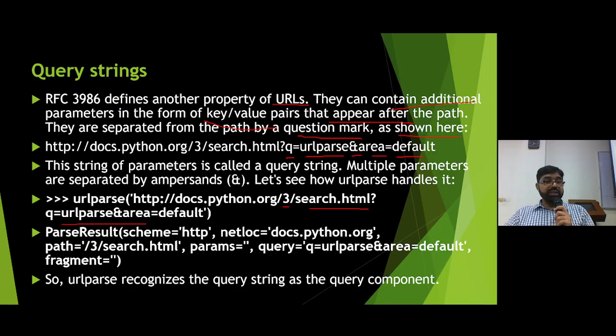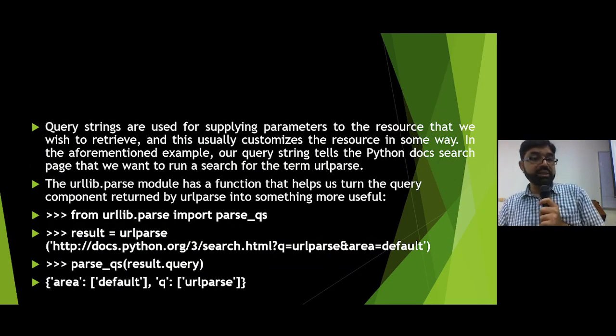The parse result shows scheme HTTP, netloc, which is the base URL, then the path, this is the path, and params and query, where the query is q equals urlparse ampersand area equals default. So urlparse recognizes that query string as a query component. Query strings are used for supplying parameters to the resource that we wish to retrieve.